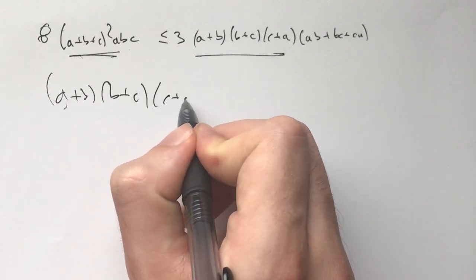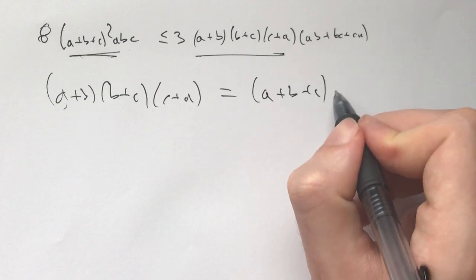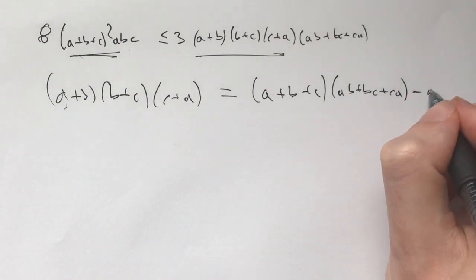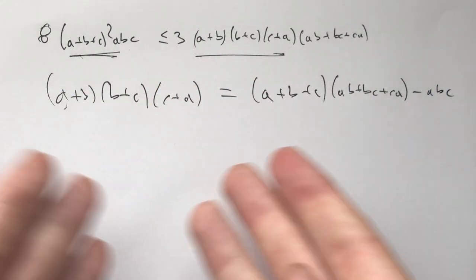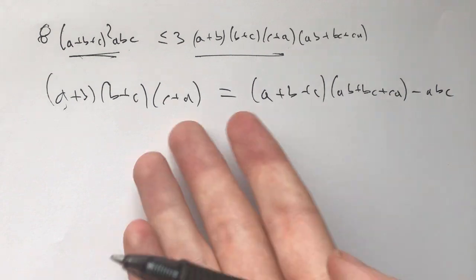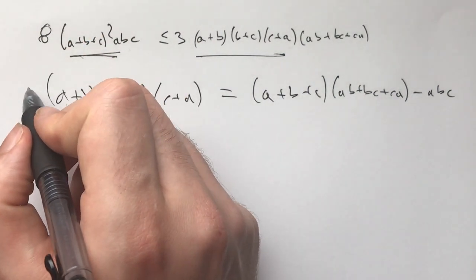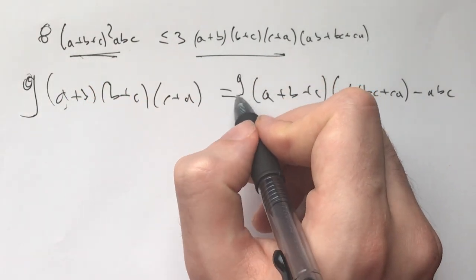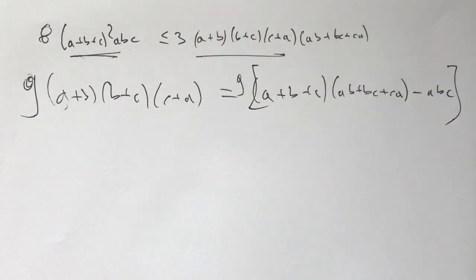One is that this is equal to a plus b plus c times ab plus bc plus ca minus abc. This is just when you multiply everything through, you get this. It is actually true. So now if you multiply this by 9 and you multiply this by 9, everything's true. This whole thing remains true.